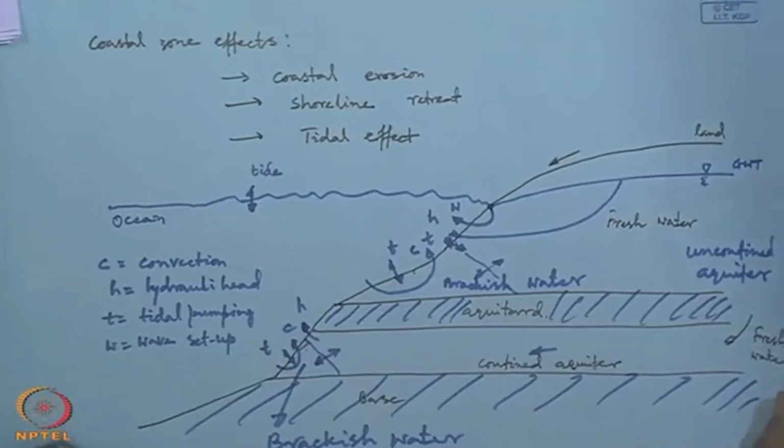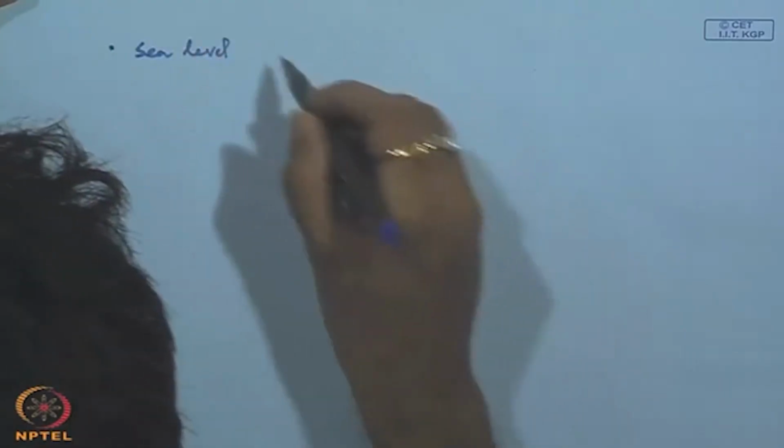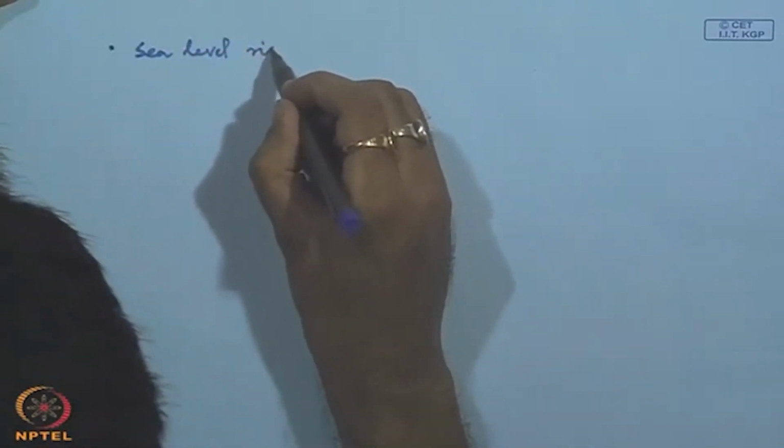So, the next feature that is affecting saline water intrusion is sea level rise.